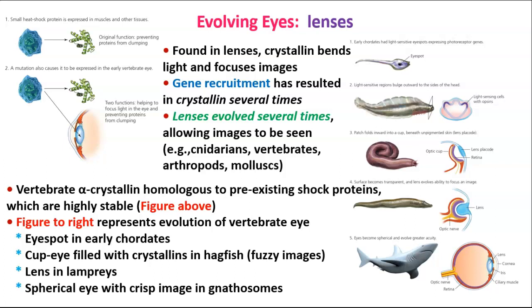So we get a lens in lampreys, and then finally in gnathostomes, sharks, jawed bony fishes, we get a spherical eye with a well-formed lens, and we get a crisp image. So that's showing the details of how the vertebrate eye developed. But again, the main focus of this slide is the fact that we've identified the gene responsible for the formation of crystallin that gives rise to the lens, and that has happened independently several times.